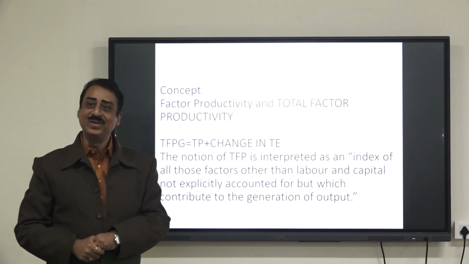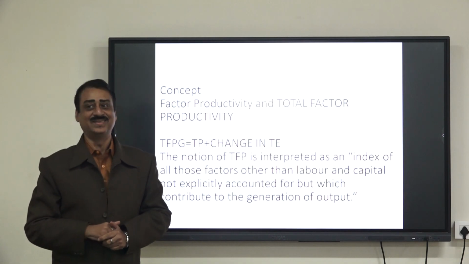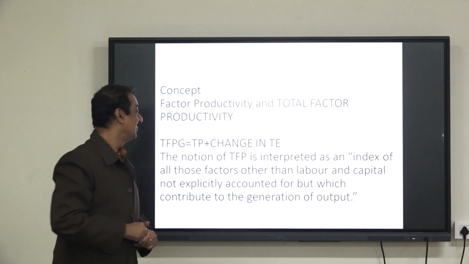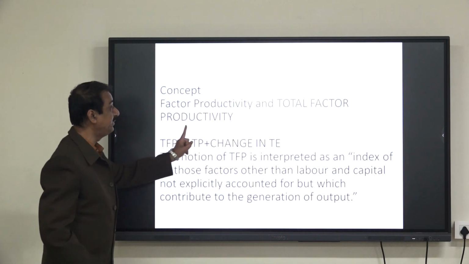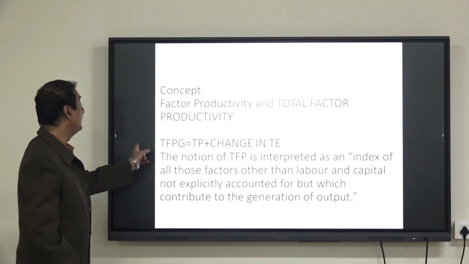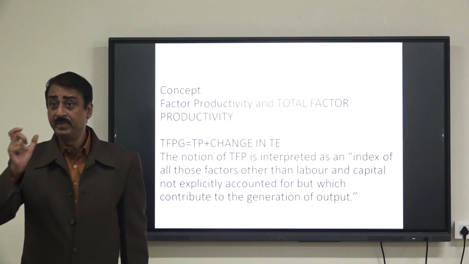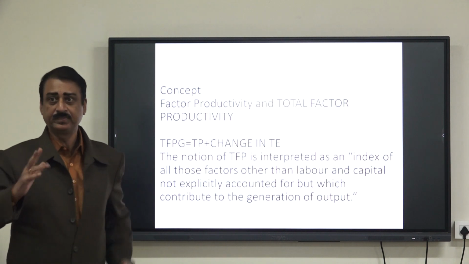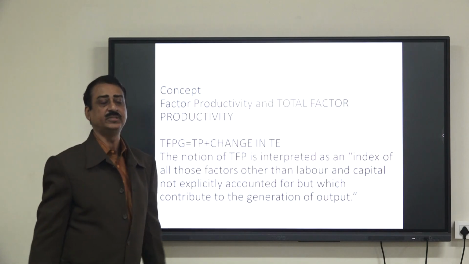That is possible only through your innovative methods, innovations. So you are able to make a distinction between factor productivity and total factor productivity, and total factor productivity, as you can see, is basically a combination of two important constituents: technological progress and change in technical efficiency.